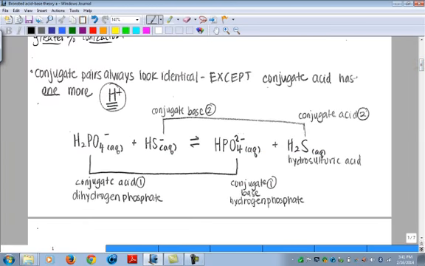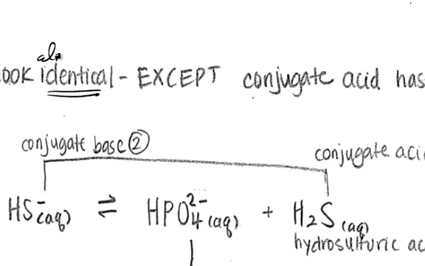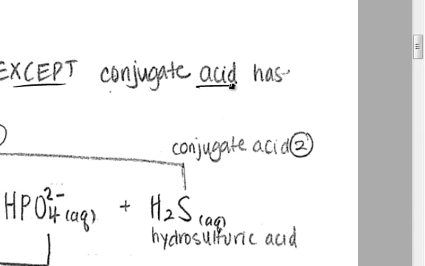Okay, so to reiterate a very practical concern in figuring out Bronsted conjugate acid-base pairs, they look almost identical. The exception is that the acid of the pair has one more H plus in the formula.